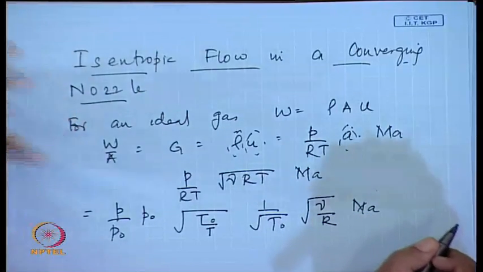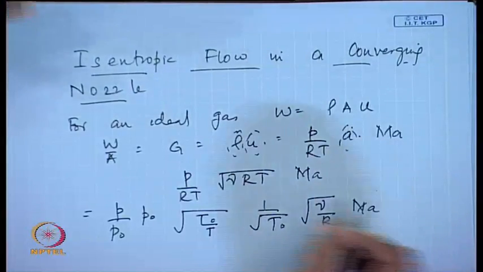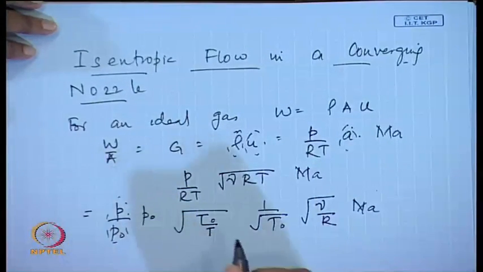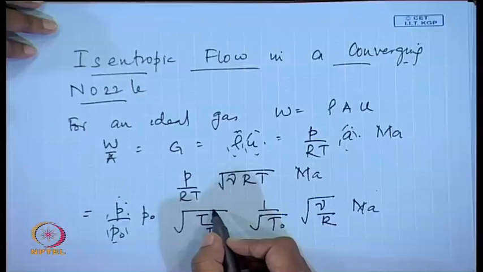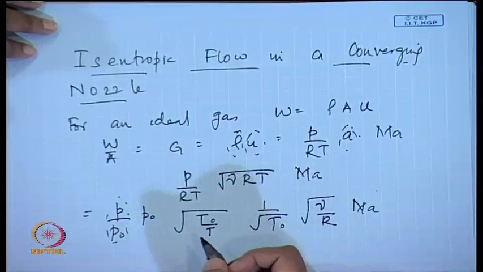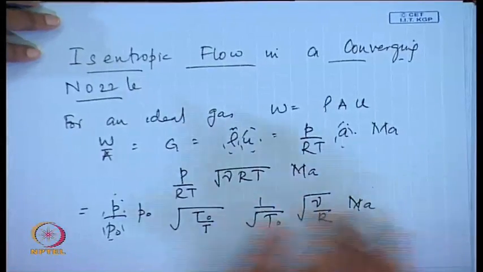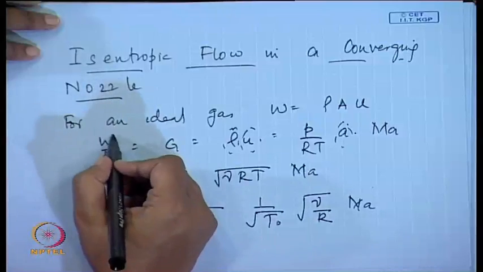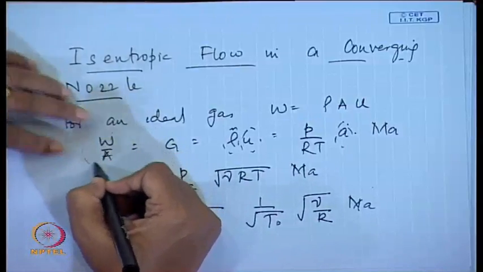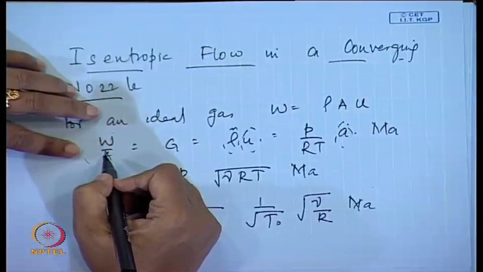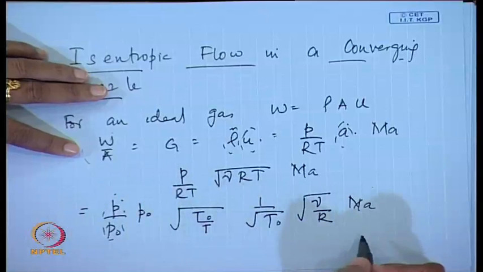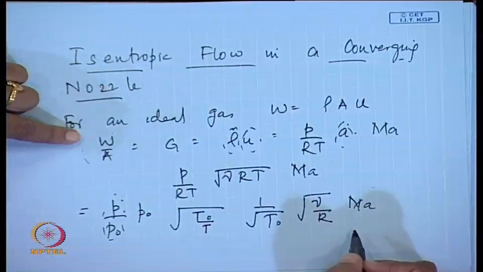I have just introduced the stagnation properties. Why? Because I know P by P0 in terms of T0 by T, and I can easily substitute them. My target is to express this particular mass flux or the mass velocity in terms of certain easily measurable parameters, and to find out on what this flow rate depends.